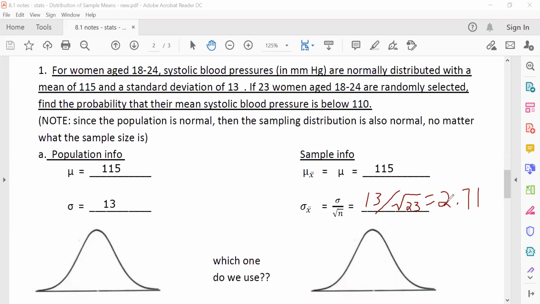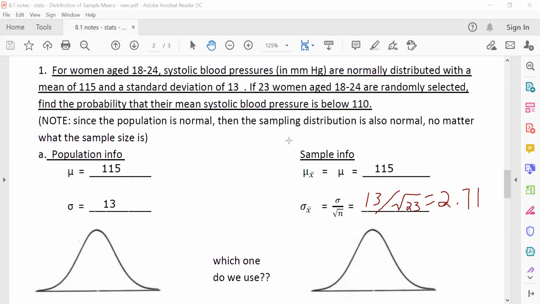So this is way different. For a single individual woman, the average blood pressure will be 115 with a standard deviation of 13. For a group of 23 women, the average blood pressure for their mean is 115. The standard deviation for their mean is 2.71.